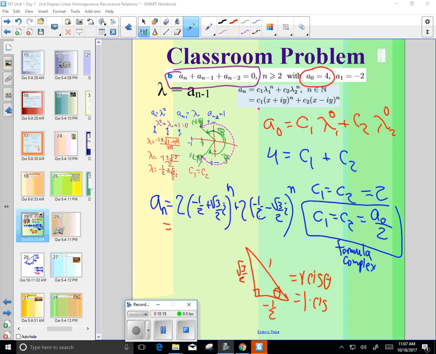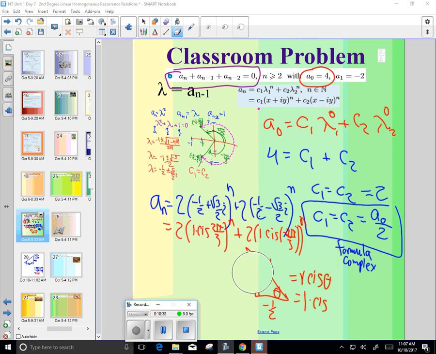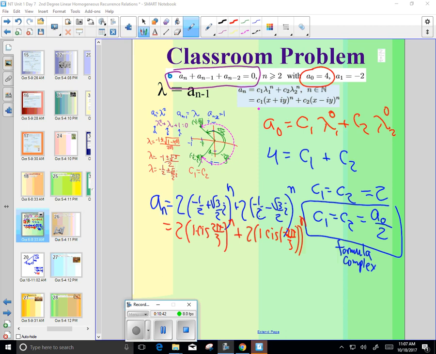This one is going to be 1 cis 2 pi over 3 to the n. And this one's going to be 1 cis negative 2 pi over 3 to the n. What do you think? Yeah.